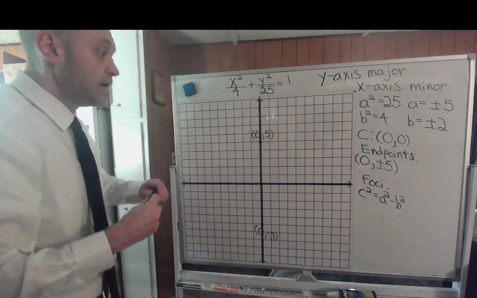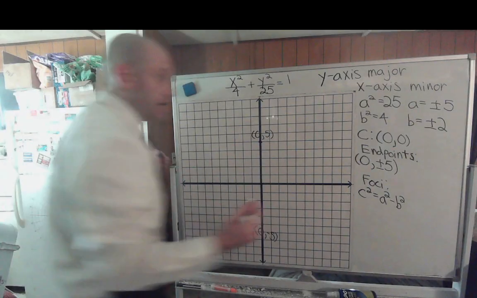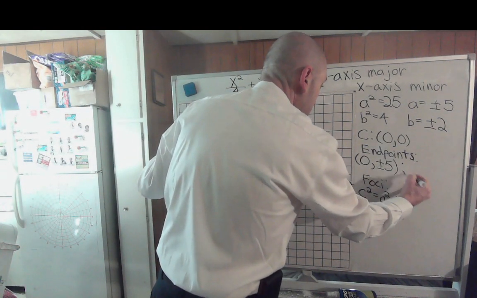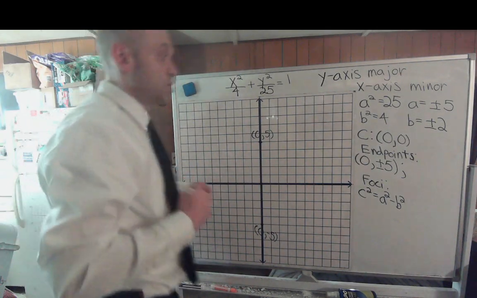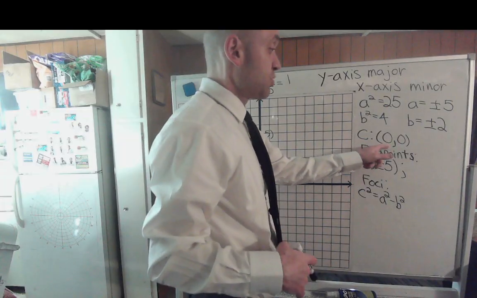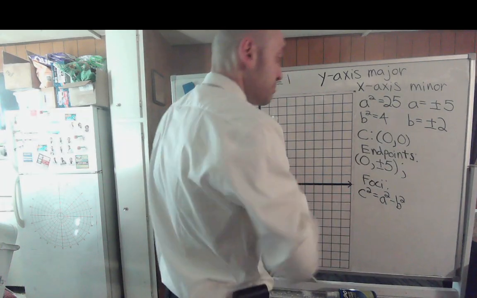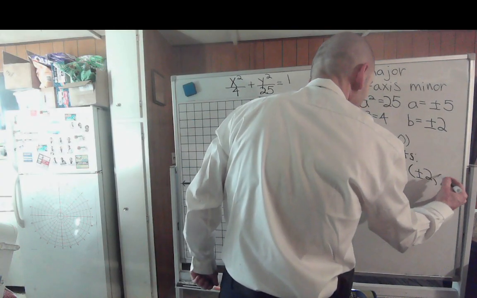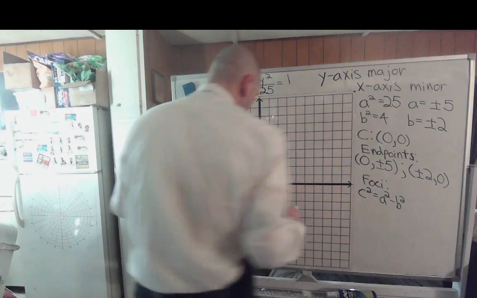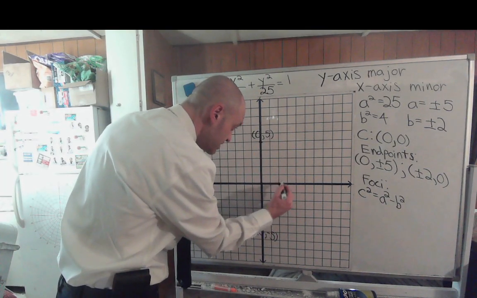Okay. Then, of course, we got to find endpoints for the minor axis. That's going to be the x-axis. So you'll take your x-coordinate of the center, 0, plus and minus 2, and then you'll end up getting plus and minus 2, 0 for the endpoints of your minor axis. So here's 2, 0.